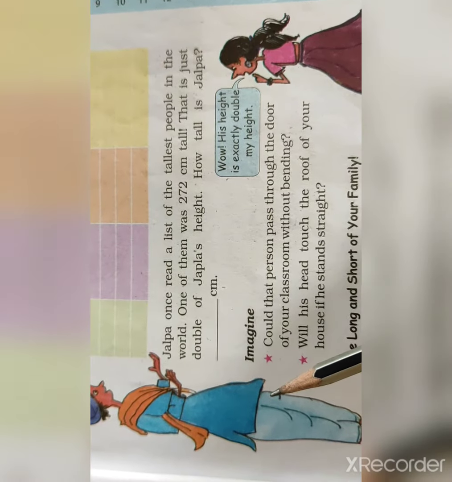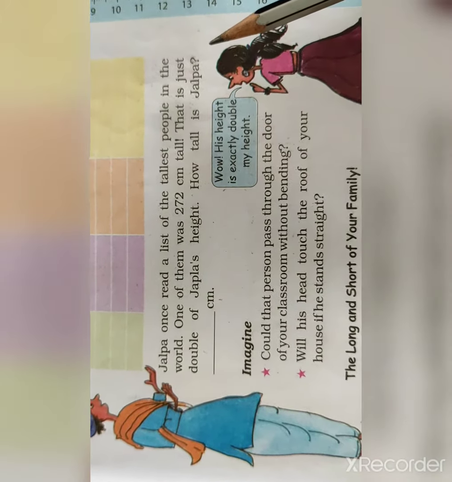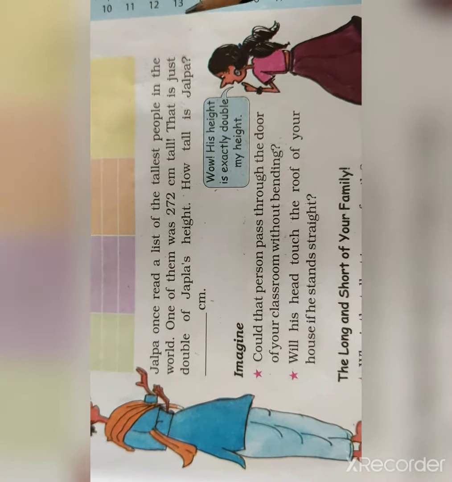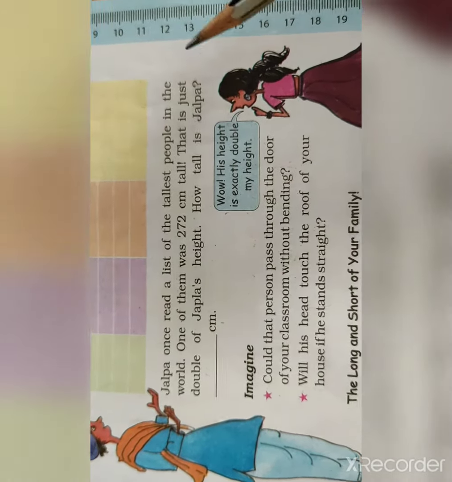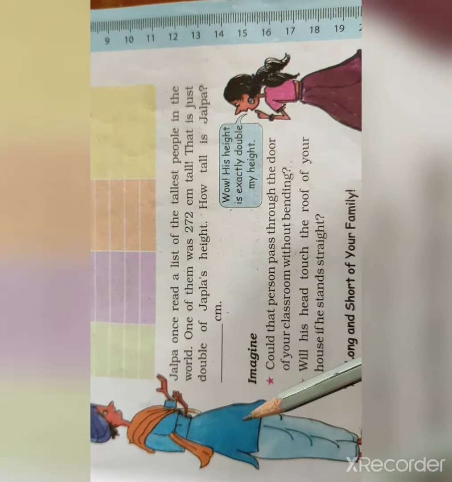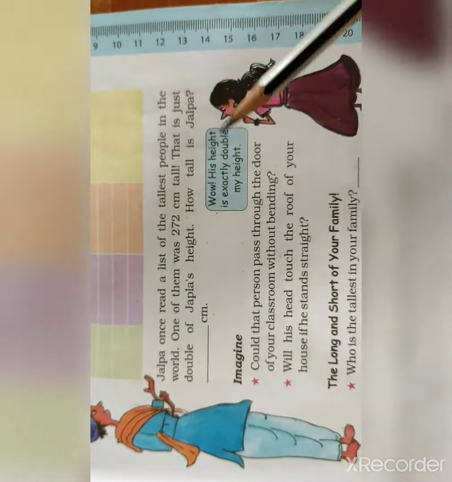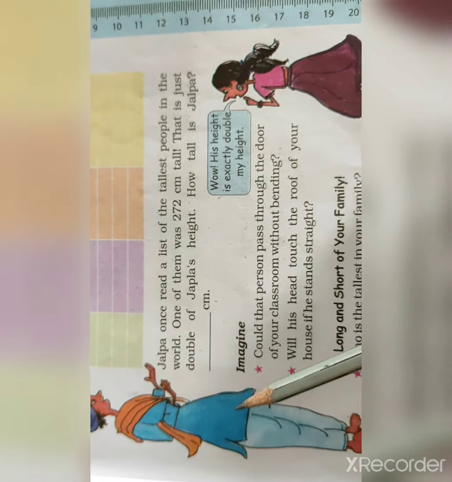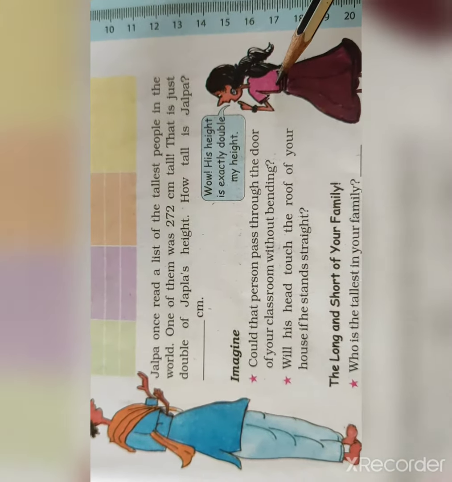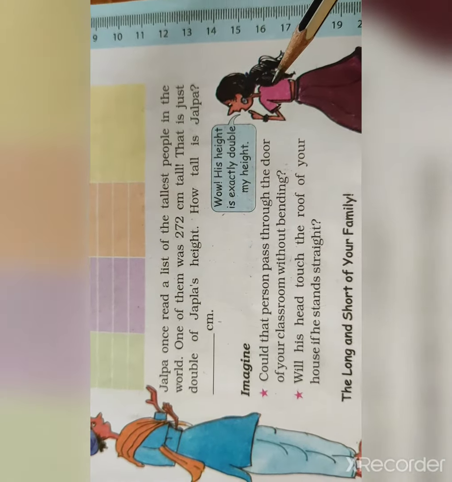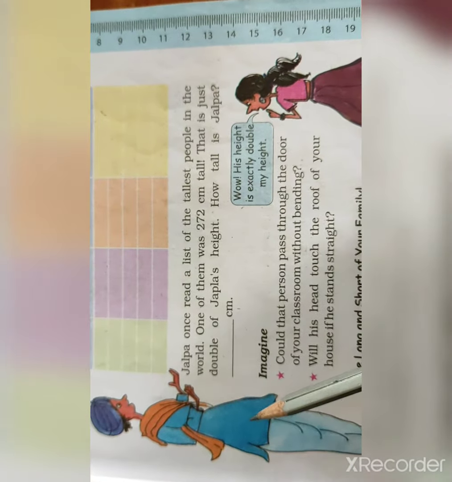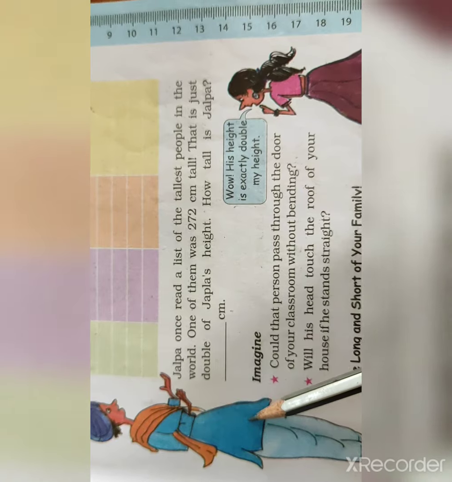How tall is Jalpa? Now we have to calculate Jalpa's height. So we can say that the person's height is just double of Jalpa's height, so Jalpa's height is just half of that person's height.